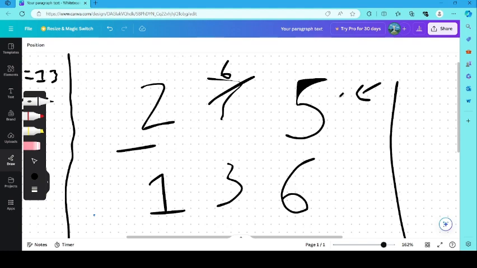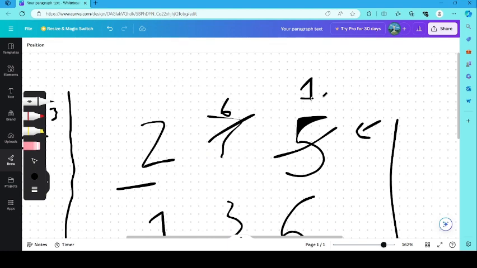So we head back to our ones place, which is 5. But the 5 is no more 5. It's a 15 because the 1 represents a 10. So 10 plus 5 equals 15. I hope that's clear. So our answer is 15.